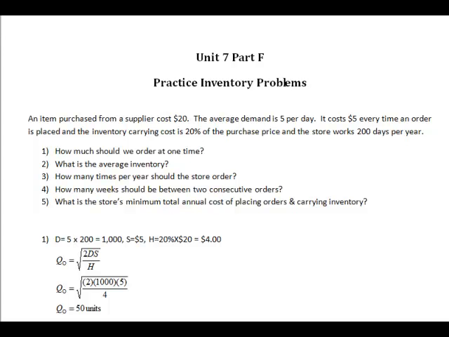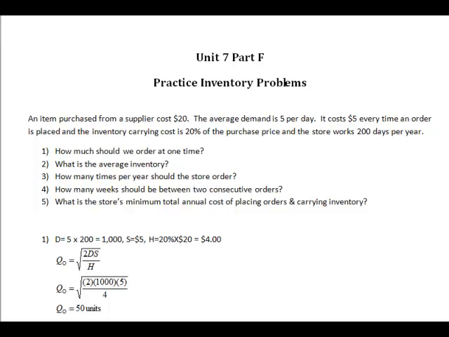So 20% of $20 is $4. So either way, whether the holding costs are stated as a percentage of price or as a flat dollar amount, you're going to end up with the same thing, and that is a flat dollar amount. So $4, what does that mean? That means if we had one of these items and we kept it in inventory for 1 year, it would cost the company $4. That's what that means.